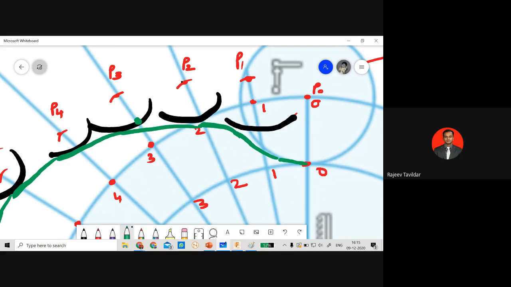It will usually touch those arcs on the left side of those extended lines. You can see this is the extended line I'm talking about, but where it has joined, it has joined over here, a little bit on the left side of the extended lines. Is it clear? The same thing is happening for line number 1 also. See here, line number 1's extended line is here, but it has joined somewhere over here towards the left side.